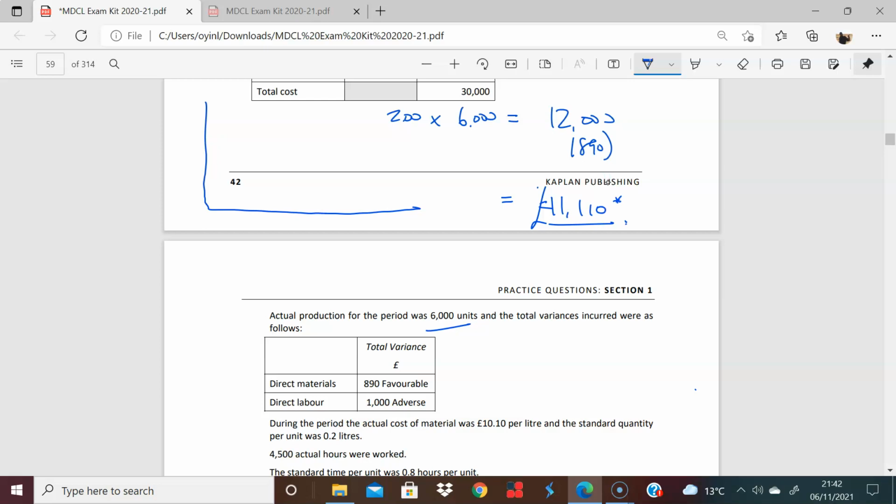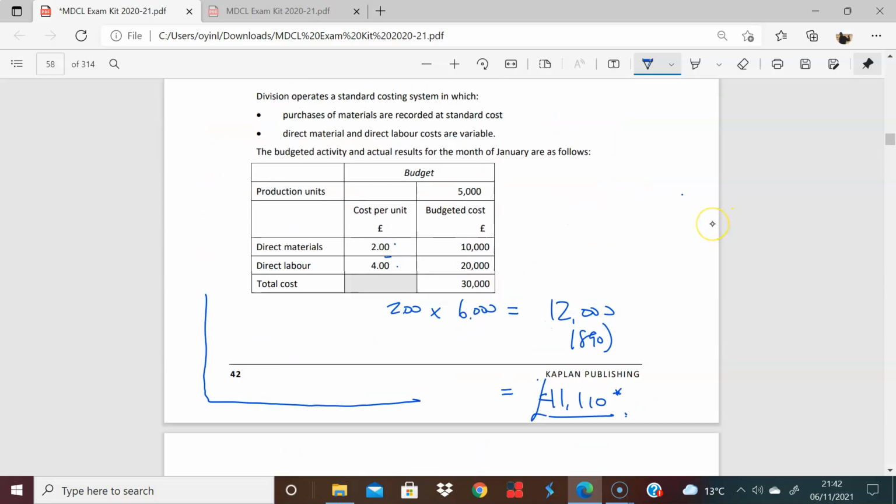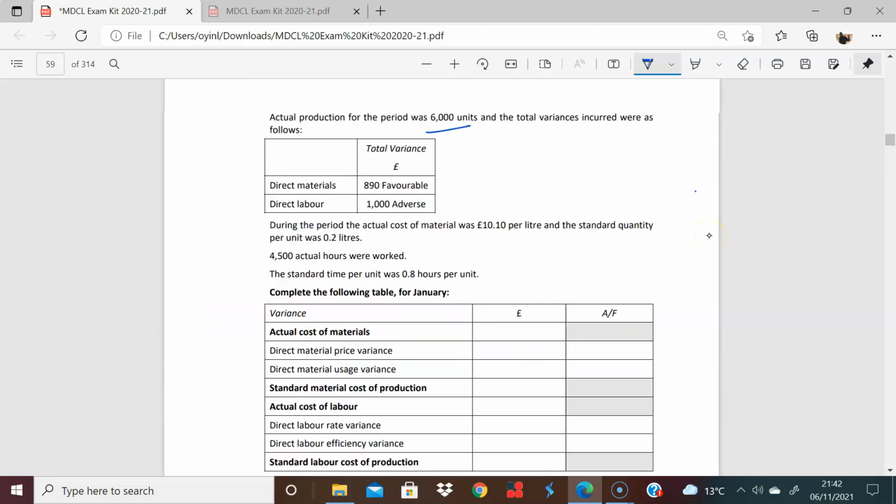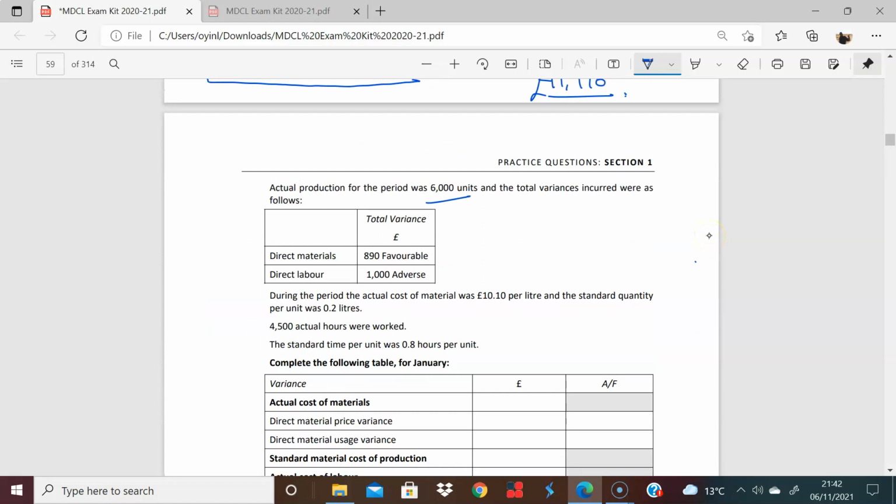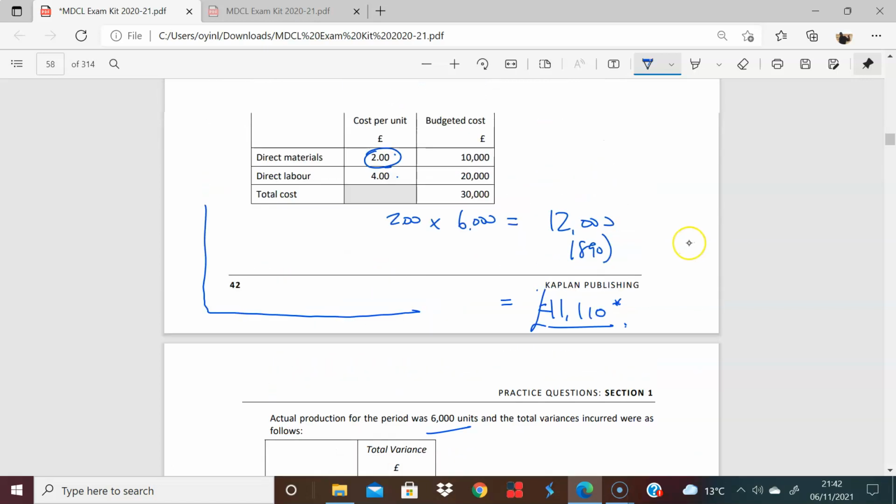Now, the other thing I think that's important to pick up on here is that it says you spend £2 on every unit. And if you see here, it says that during the period, the actual cost of material was £10.10. I'll come back to that. But the standard quantity per unit was 0.2 liters. So you need 0.2 liters to make a unit.